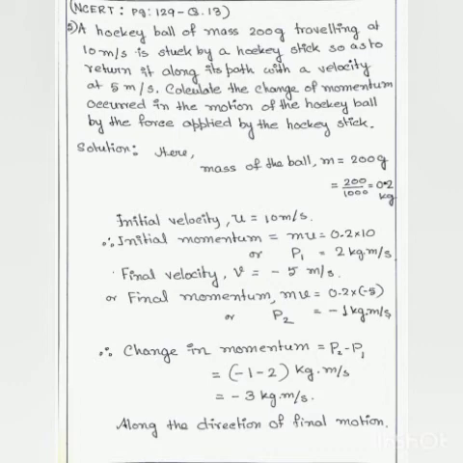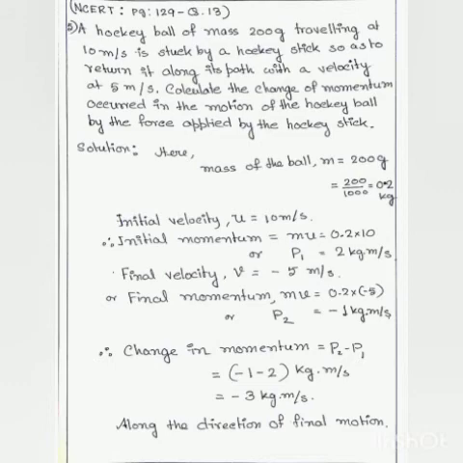Now the final velocity v is minus 5 meter per second. Here minus is for the direction only. It is opposite to the direction of initial velocity, that is minus 5 meter per second. So final momentum is m into v, that is p2 equals minus 1 kg meter per second.